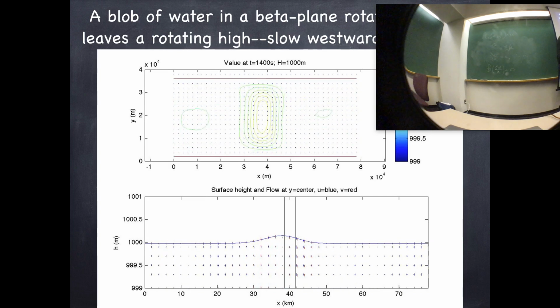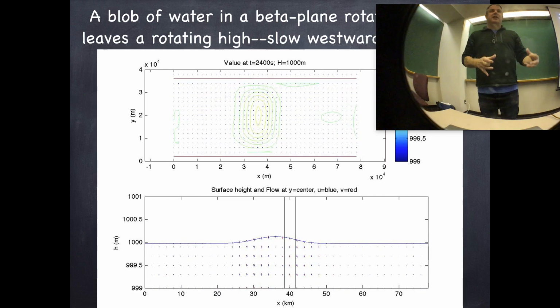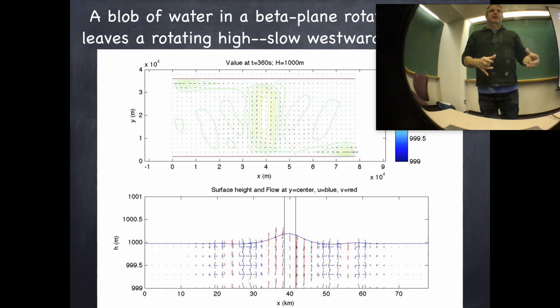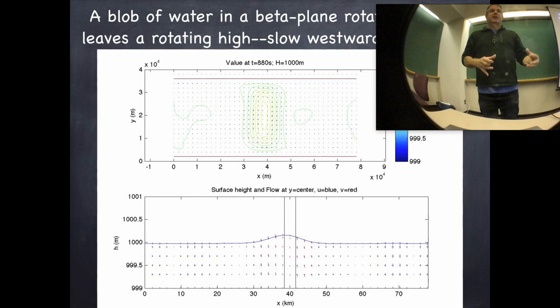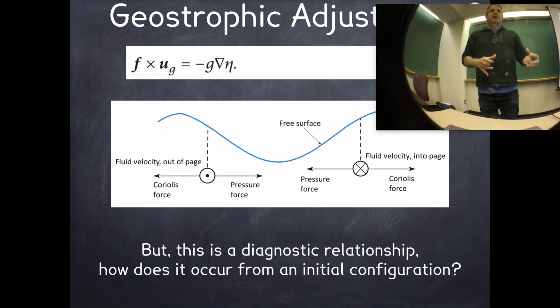The geostrophic adjustment is an anomaly at the initial condition. You let it settle out, let those waves propagate away, and then there's a geostrophic flow remaining at the end. How much of the initial anomaly ends up in the geostrophic flow is the geostrophic adjustment problem. So we know that when we get to the geostrophic balance, we're going to have a balance between the pressure force and the Coriolis force.